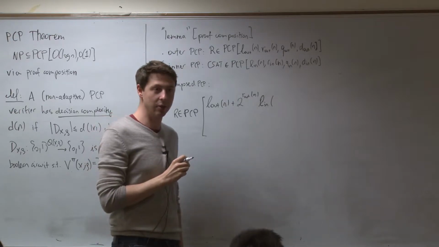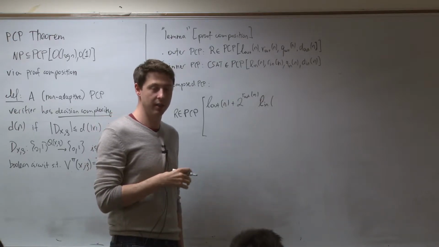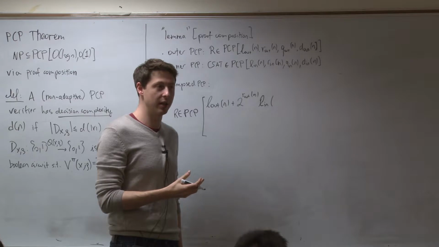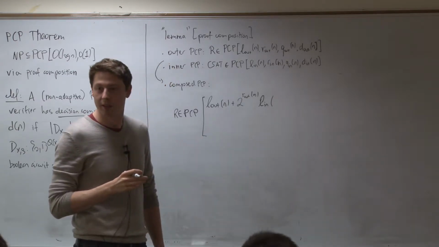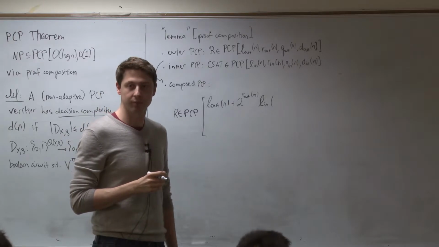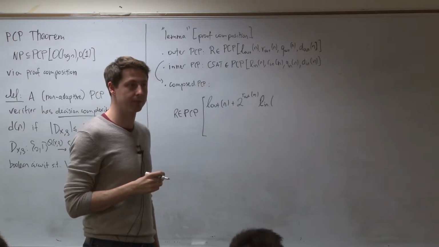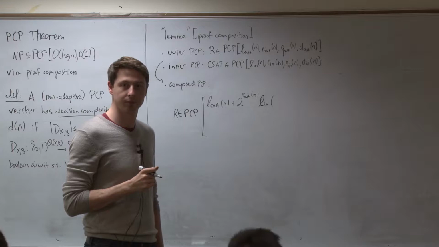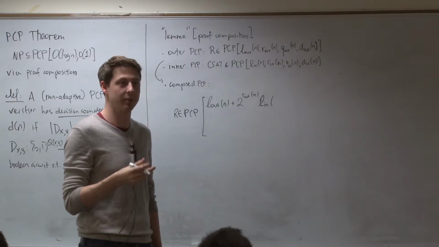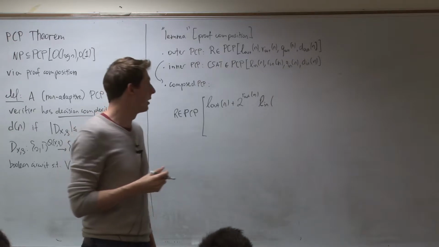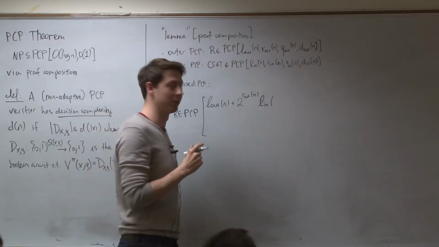So how do we check the outer PCP? What is the computation that we're checking with the inner PCP? Yes, D_out.